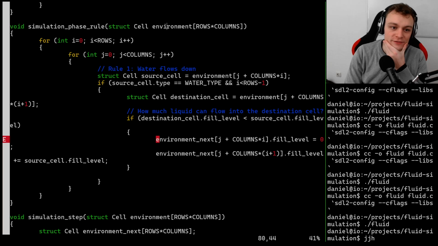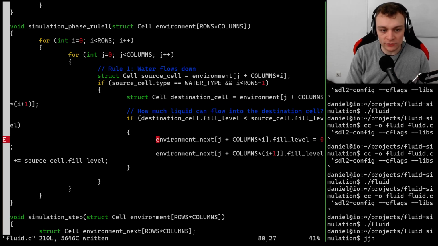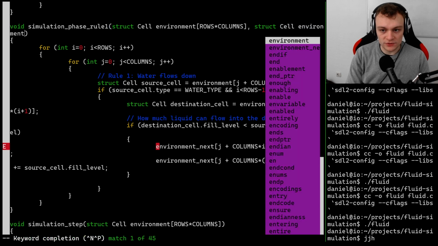And since this rule number 1 is acting on the environment, it must write the results into the next environment, so we need to pass another environment in here.